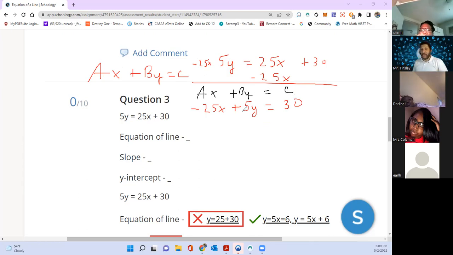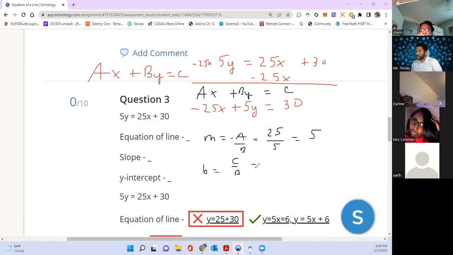Now, how do I find the slope from standard form? I take the opposite of whatever a is. A is negative 25, so the opposite is 25, over b, which is 5. So I still get a slope of 5. Same thing for the y-intercept. The easiest way is c over b.